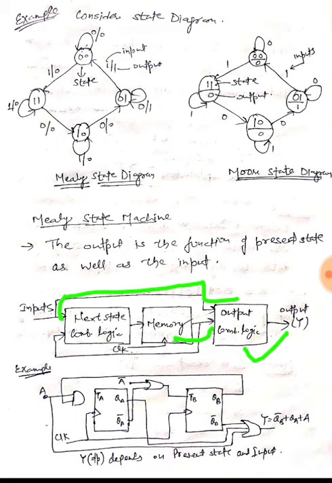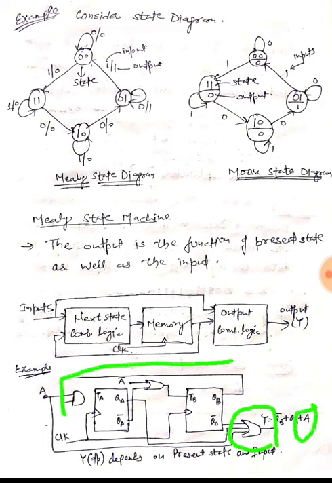Here we can see in the example as well, the output y is a combination of QB bar plus QA plus A, which is the input.